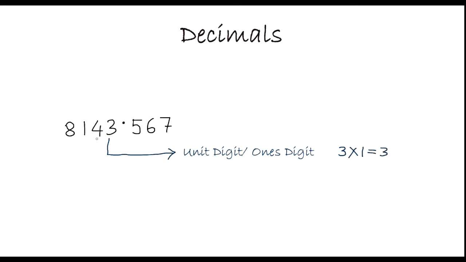The next digit here is 4, and this is called the tens digit or tens place. How many tens are here? There are 4 tens. So 4 will be multiplied by 10 and we get 40. So the value becomes 40 here.